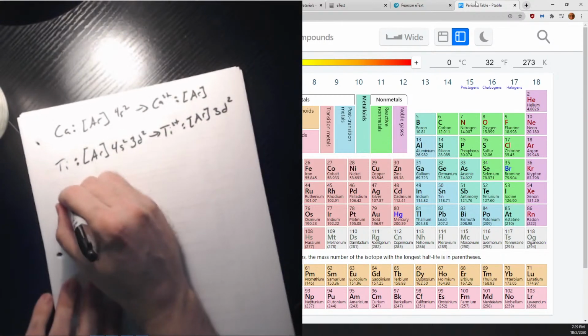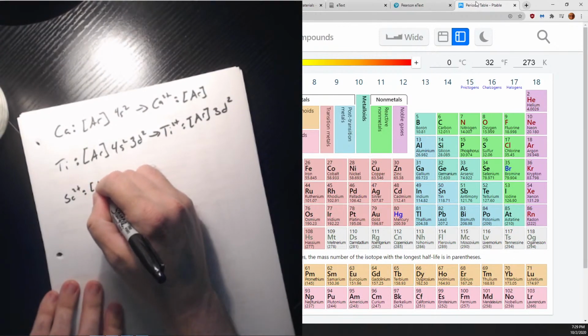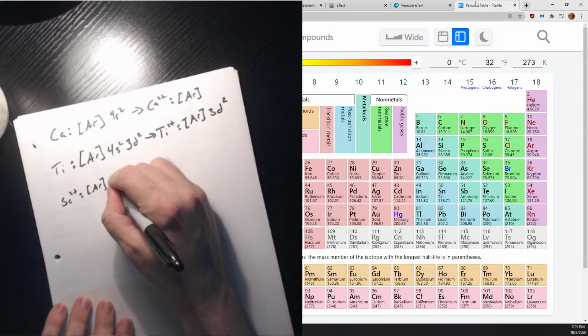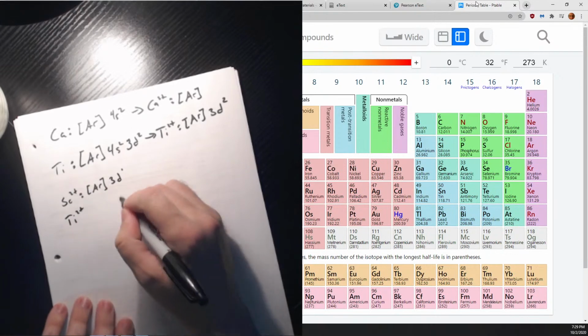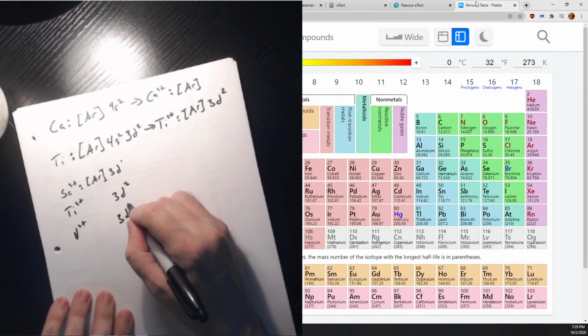So scandium 2+, I'm going to shortcut a bit. They're all argon 3d1. Titanium 2+ is 3d2. Vanadium 2+ is 3d3.